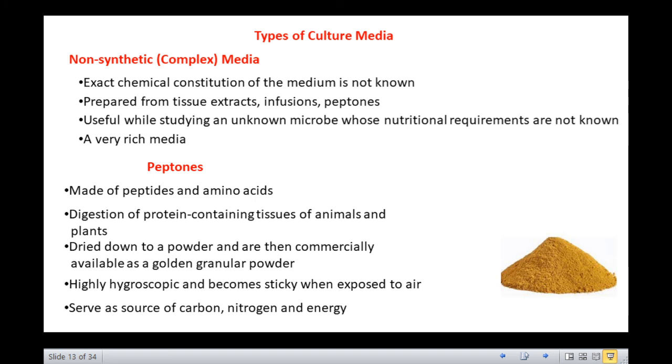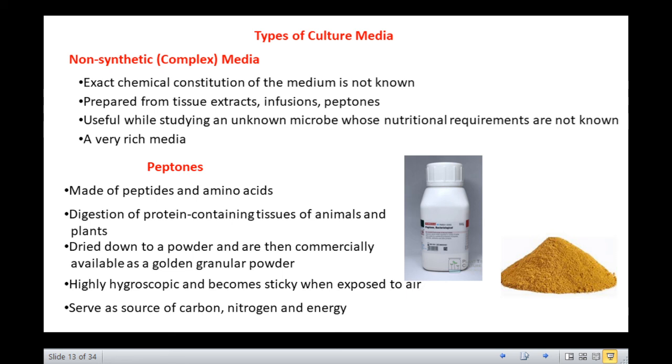Three examples of brand names of peptones are tryptone, phytone, and simply peptone. A simple peptone solution will support the growth of many organisms. Vegetable peptones are also available that are made from extracts of vegetables which are rich in proteins. For example, soya peptone and pea peptone.